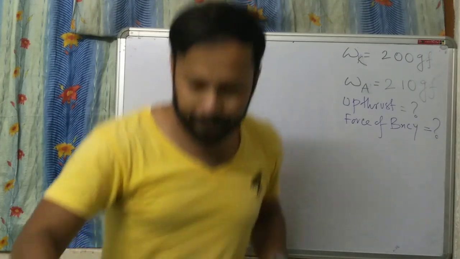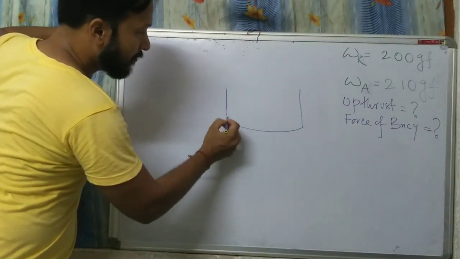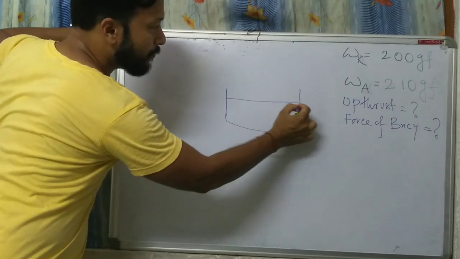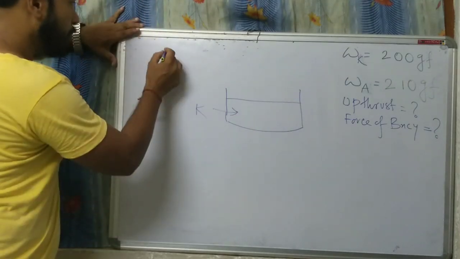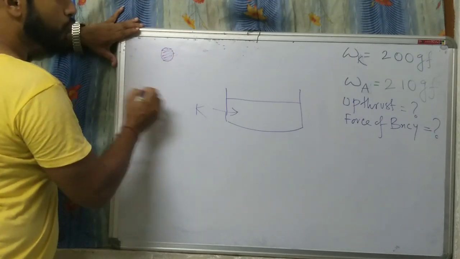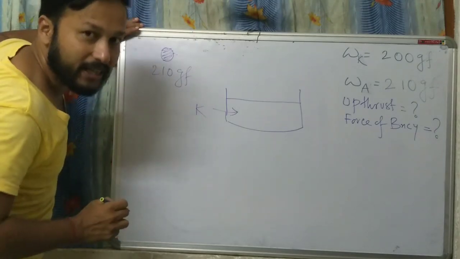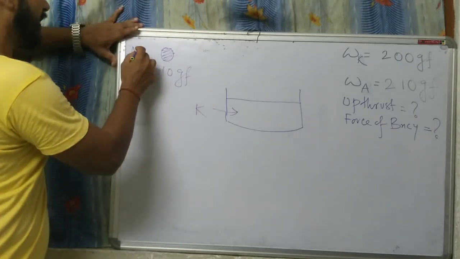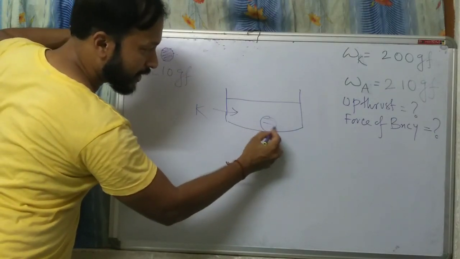Let us draw it. This is the vessel and this is kerosene. Now this is the object whose weight is 210 GF in air. And the same object is now immersed here.